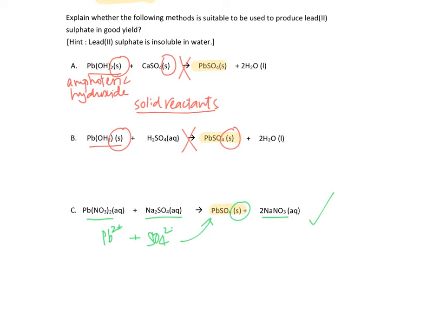Besides using lead(II) nitrate and sodium sulfate, can you think of other combinations of reagents that can be used to prepare this product? You can discuss this with your teacher during the online lesson.